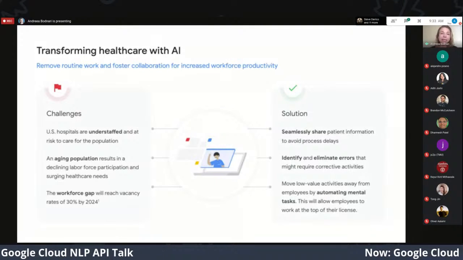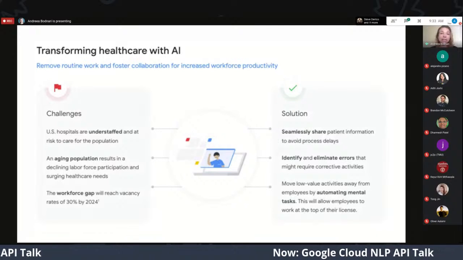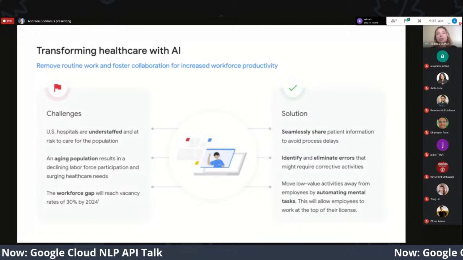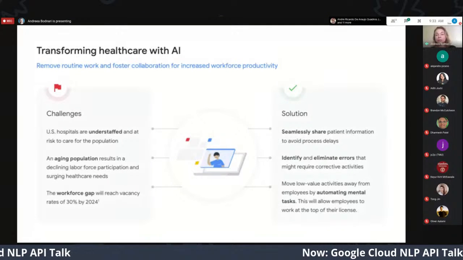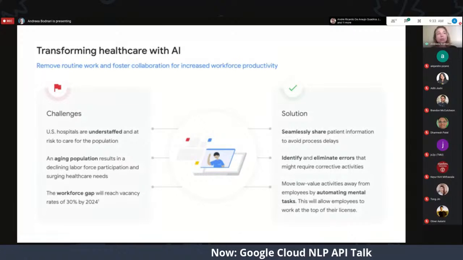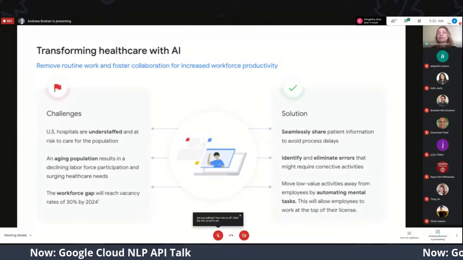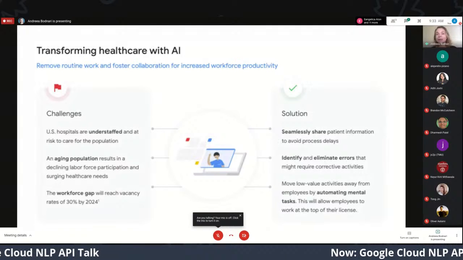In the United States, there's a projected workforce gap that will reach a vacancy of 30% by 2024. All of these trends mean there's going to be a demand for more healthcare and fewer hands available to provide it.